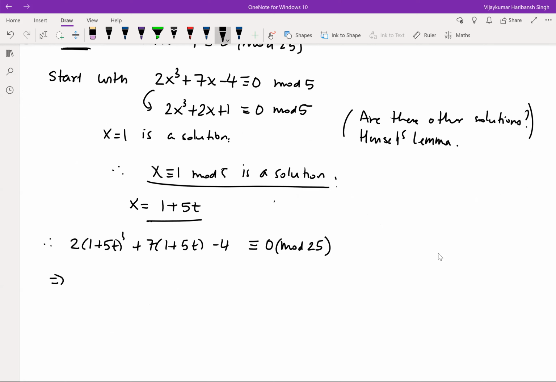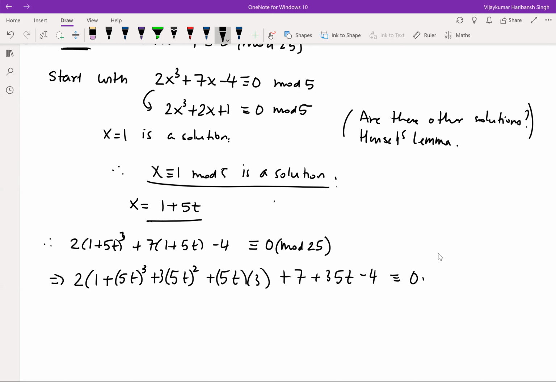So we get 2 times (1 plus 5t cubed plus 5t squared plus 5t), this multiplied by 3, this multiplied by 3. This is the expansion for (a plus b) the whole cube. Plus 7 plus 35t minus 4 is congruent to 0 mod 25. We need to solve this now.